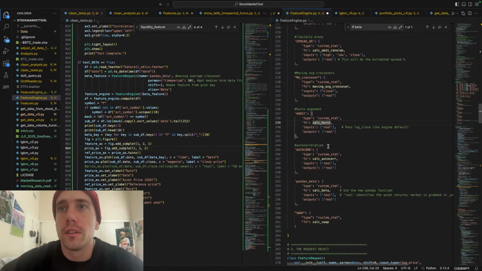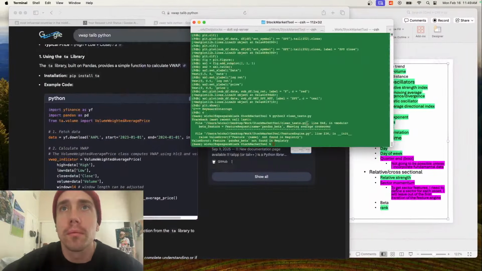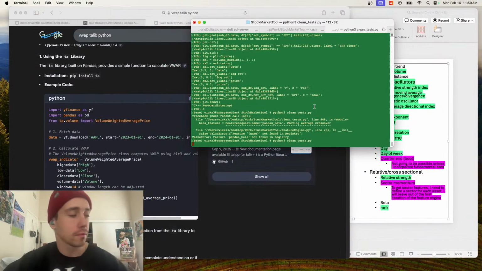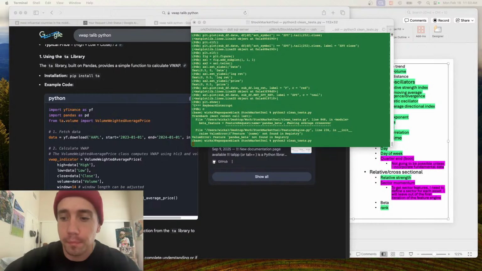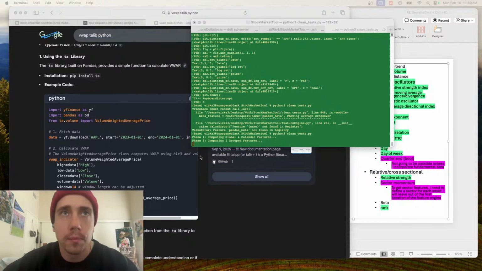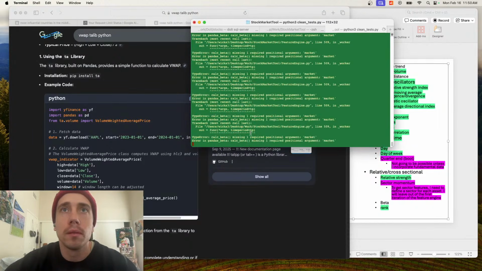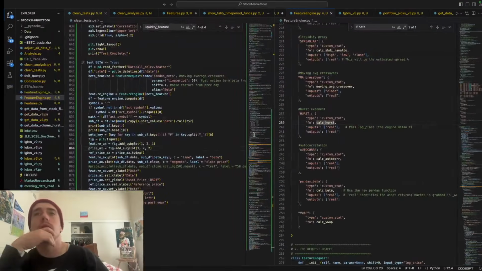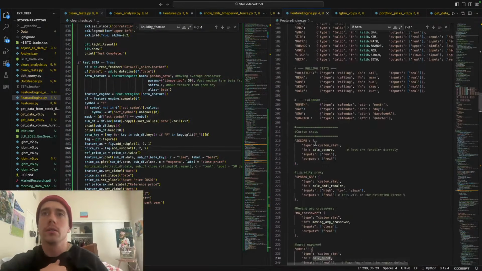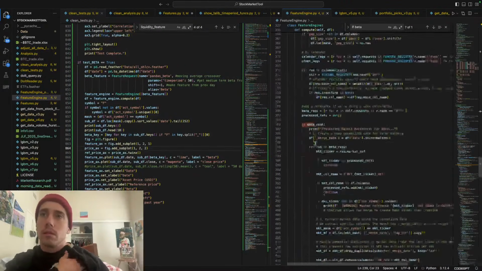Pandas beta not found. Pandas underscore beta. I must have not saved this. That's the right feature engine. Missing one required positional argument market. Well, okay, so custom features.